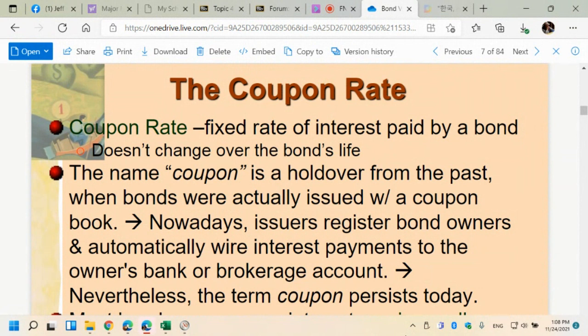It is one of many interest rates in the market, right? There are bank interest rates, and interest rate on the bond.